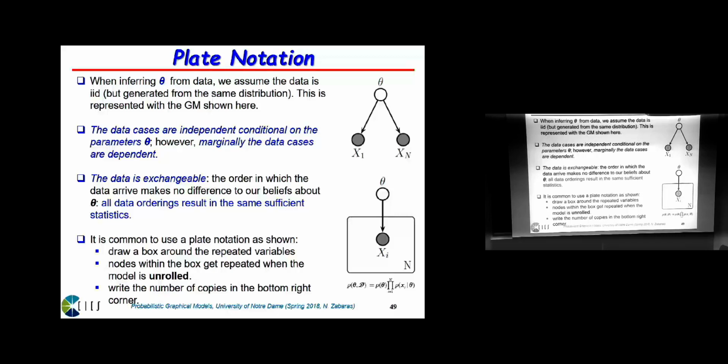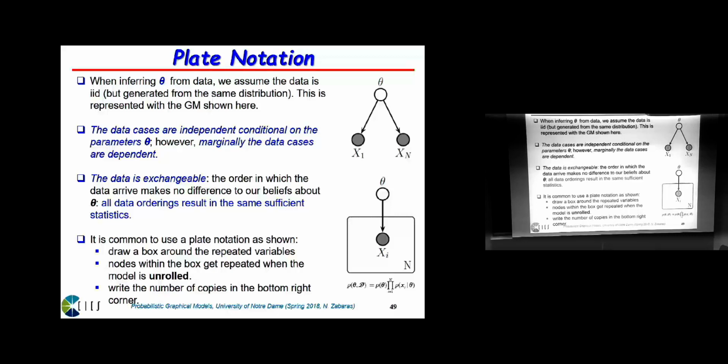So let's look, for example, at this trivial case where you collect data x1 to xn, and they all come from some distribution with some unknown parameter theta. A good way to represent this compactly is the plate notation, which goes as follows.